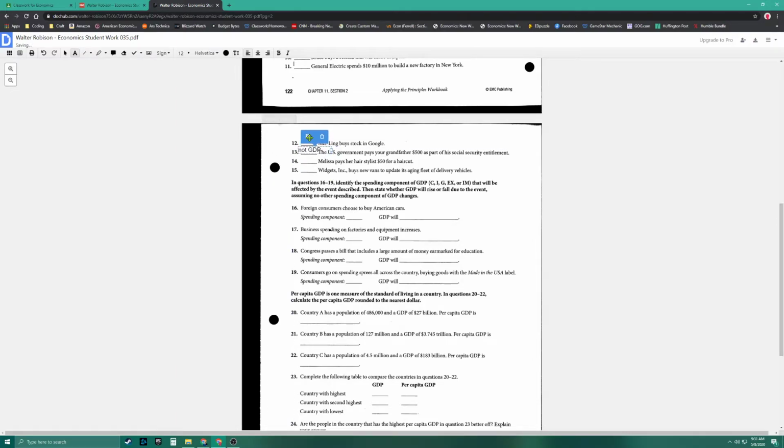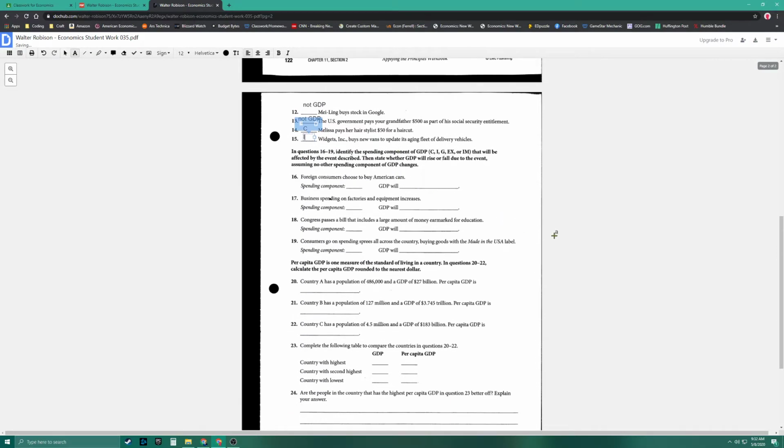Never give up. Okay, Melissa pays her hairstylist $50 for a haircut. Okay, so Melissa's a person, so it's C for consumer. And then Widgets Incorporated buys new vans to update its aging fleet of delivery vehicles. Well, it's a business, so this is an investment. Okay, it's not that hard to do.